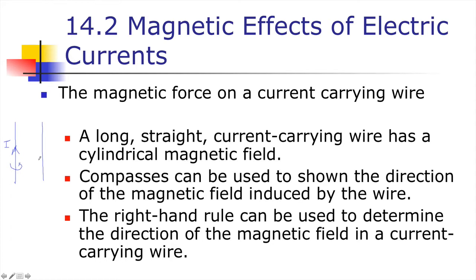The direction of the magnetic field depends on how the current is flowing. Here it says a long straight current carrying wire has a cylindrical magnetic field. That means if you have a wire and current is flowing through it, the wire acts as a magnet itself, and it has some magnetic field around it. So its magnetic field is in a cylindrical shape.